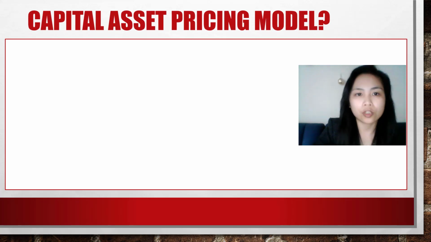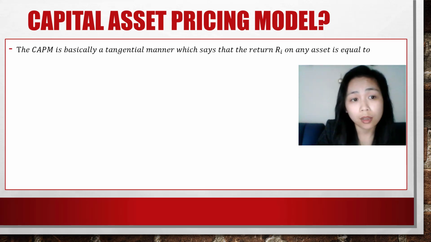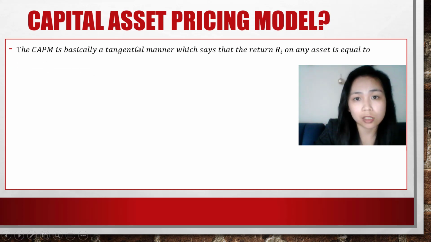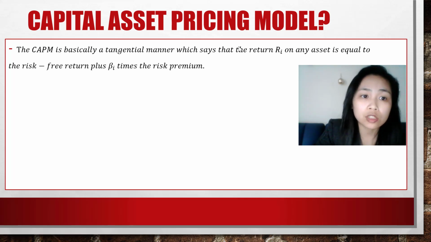Now we go to the most important thing of this lesson, the capital asset pricing model. The CAPM, which is the capital asset pricing model, basically says that the return RI on any asset is equal to the risk-free return plus beta I times the risk premium.